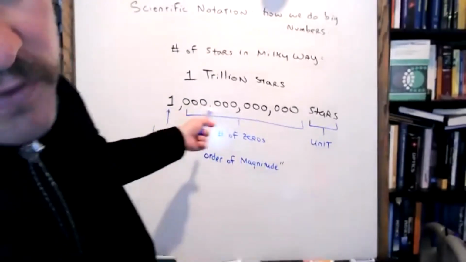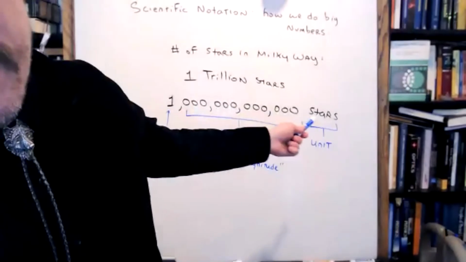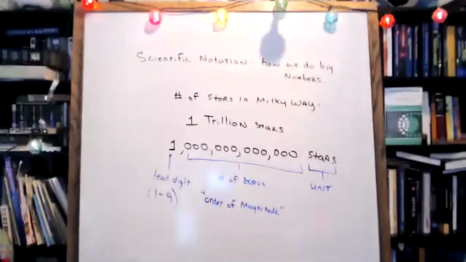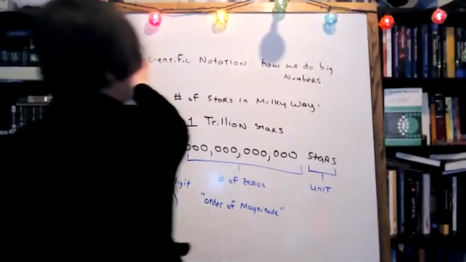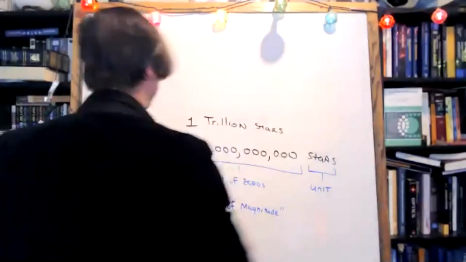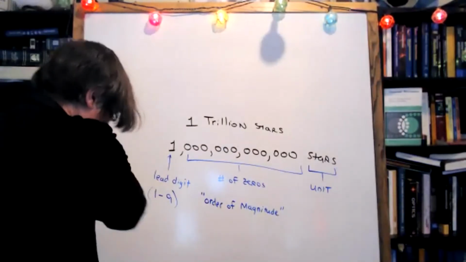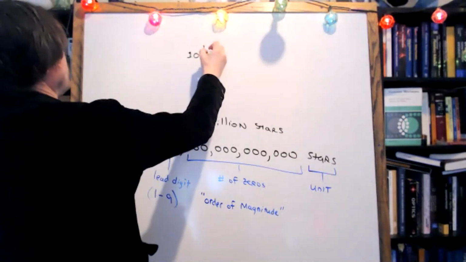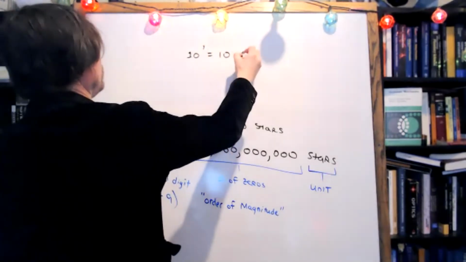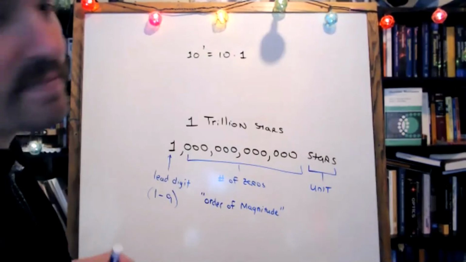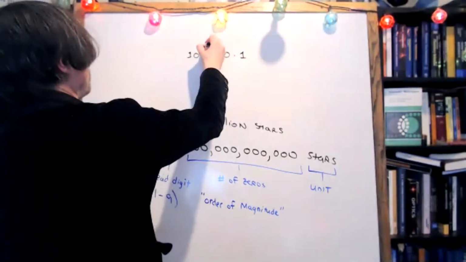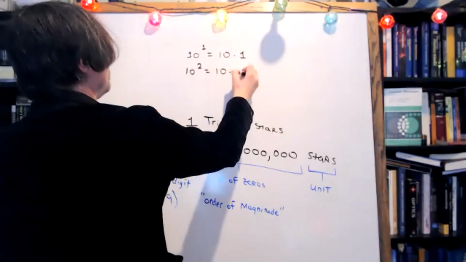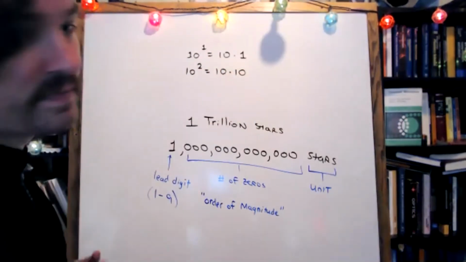Okay, we're going to use powers of 10 to pack this number into a more compact form. And let's remember how those powers of 10 work from your math class back in the day. Remember that 10 to the power of 1 is 10. If you want, you can think of it as 10 times 1, okay? 10 squared is 10 times 10.